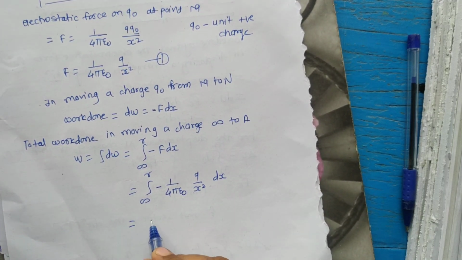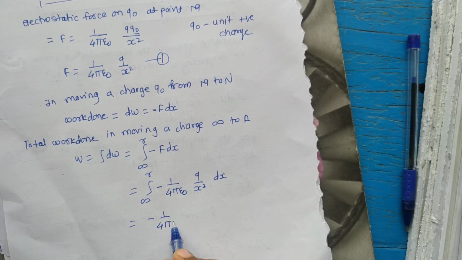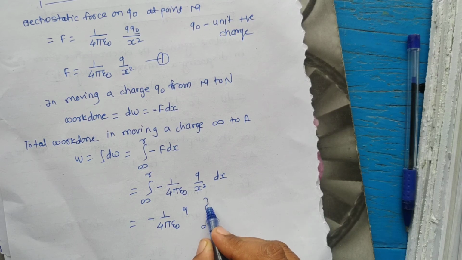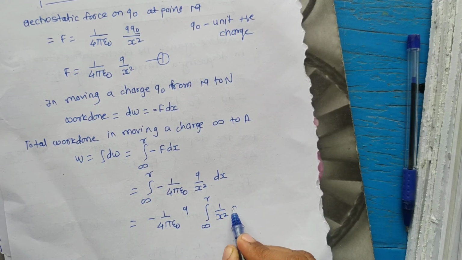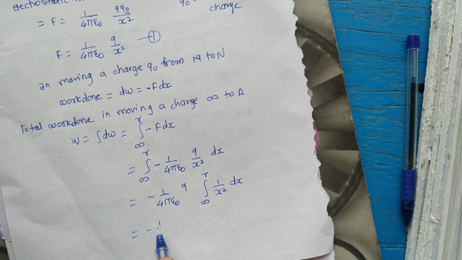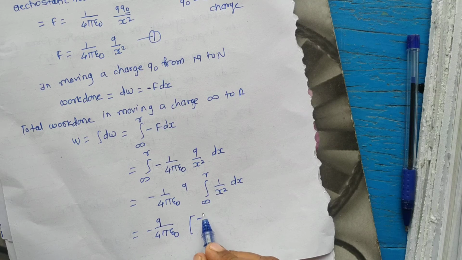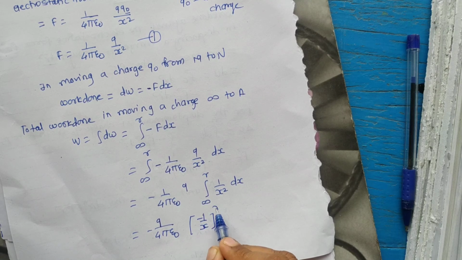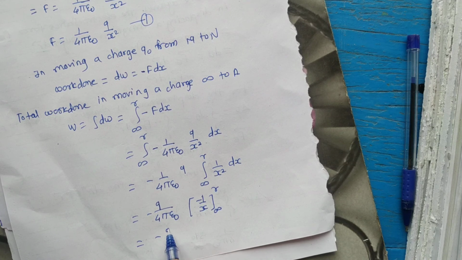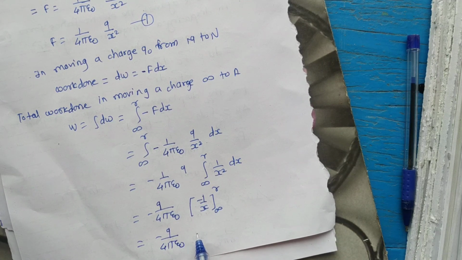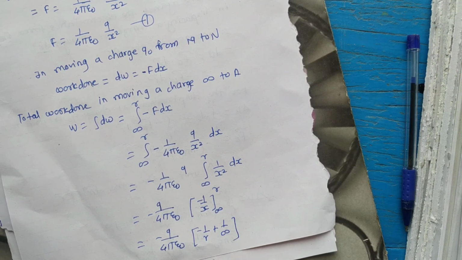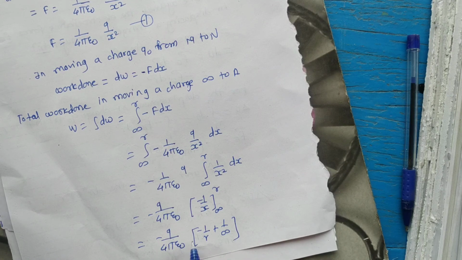In this case, 1 upon 4 pi epsilon naught and charge q are constant. Therefore, the integration of 1 upon x square into dx is minus 1 upon x, with limits from infinity to R. Therefore, minus q divided by 4 pi epsilon naught, putting the limits, minus 1 upon R plus 1 upon infinity. 1 upon infinity is 0, and minus minus is plus.